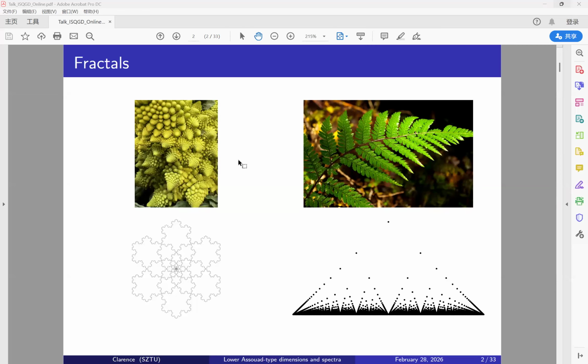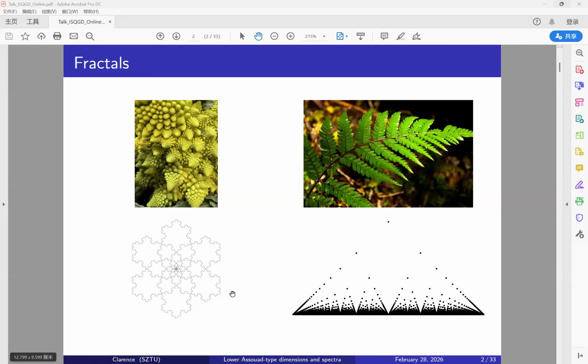Fractals widely happen in natural worlds and as mathematical objects. For example, we can see the Bocoris, one of the famous examples in fractals. The next one is the Barnsley fern, a natural approximation of it.